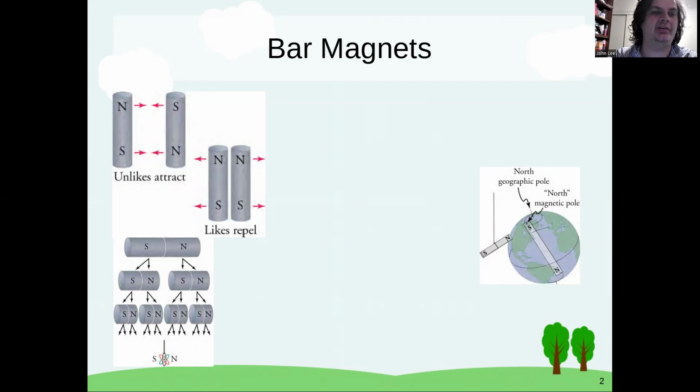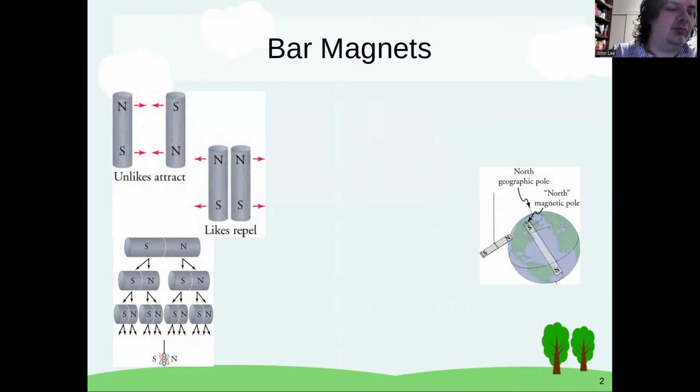So if you put the north and south pole of one bar magnet next to the south and north pole of another bar magnet, like you see on the top left corner, then the unlike poles will attract each other while the like poles will repel each other.